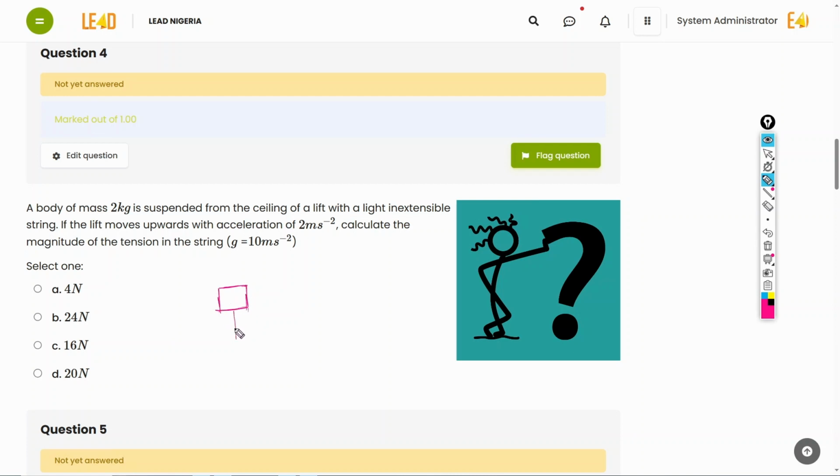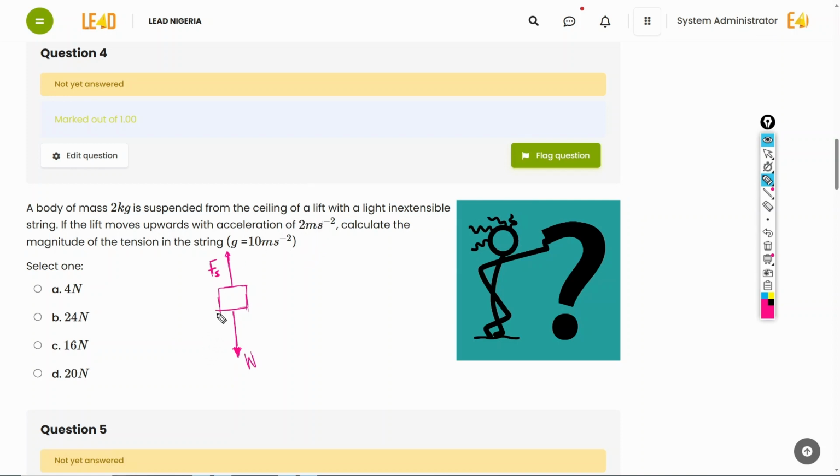We have the weight acting downwards, and then we have the string, the tension, right? So the force in the string, let me call that Fs. This is called the free body diagram, where you try to put down all the forces acting on the body.